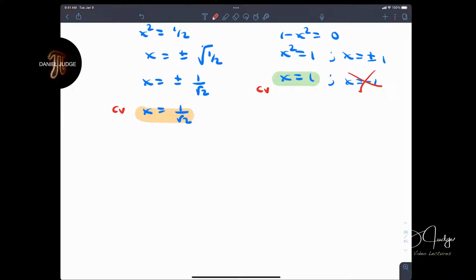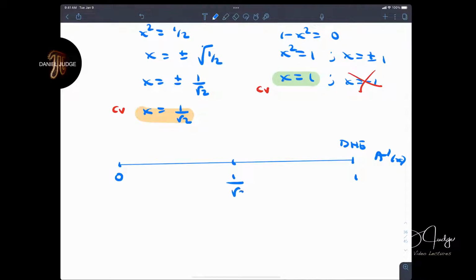So for the sign analysis portion, just like earlier today, you're going to go from 0 really to 1. That's A prime x. At 1, the derivative does not exist. At 1 over the square root of 2, the derivative is 0 here. So again, we have regions 1, region 2 to perform your sign analysis on.